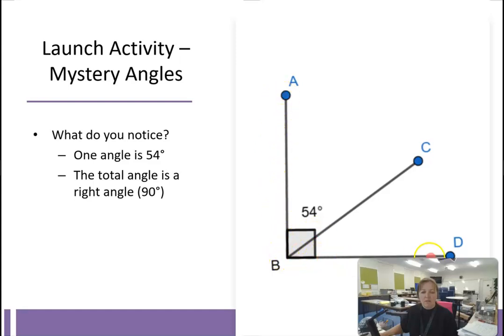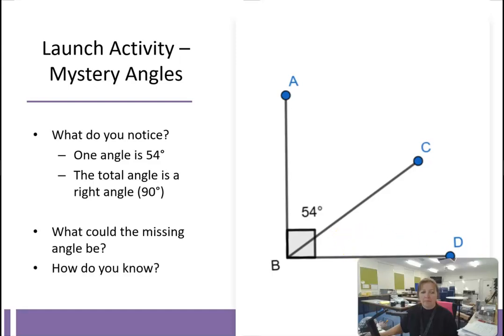So these two angles are sharing an arm. We've got one angle here, one angle here. The total is going to be 90 degrees. We've been told that this angle is 54 degrees. What could the missing angle be? How can we find out? And how will you know?